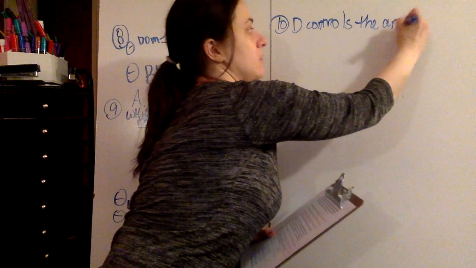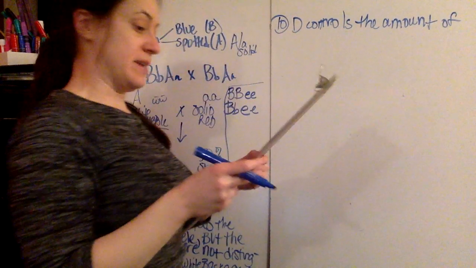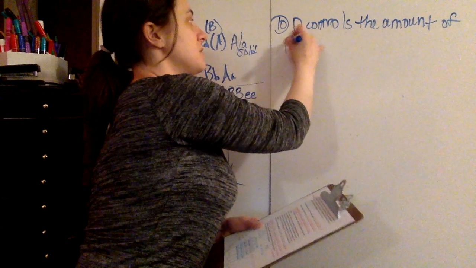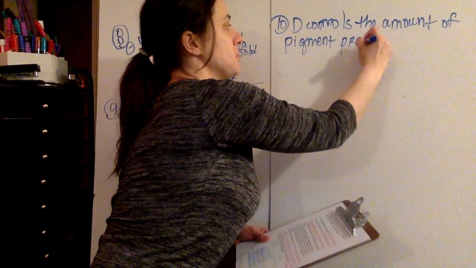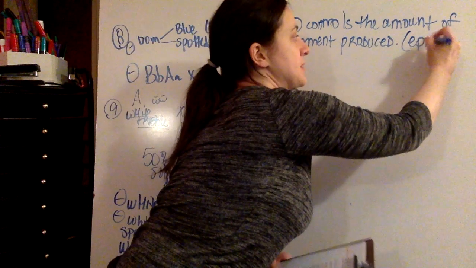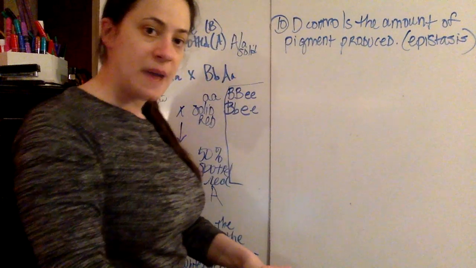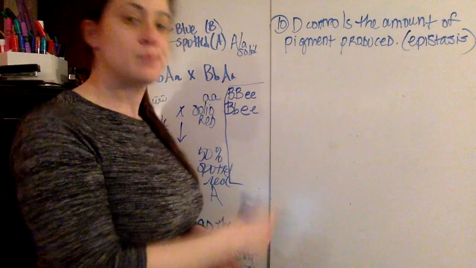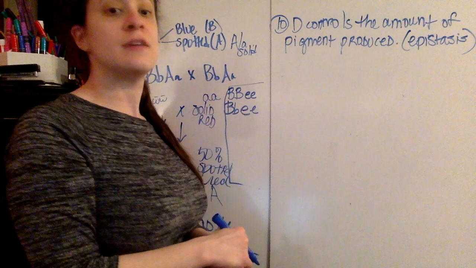D controls the amount of pigment produced, period. And in parentheses, I'm going to write epistasis, which is what we had learned about in terms of the chocolate labs, black labs, yellow labs, as well as with the mice fur color.